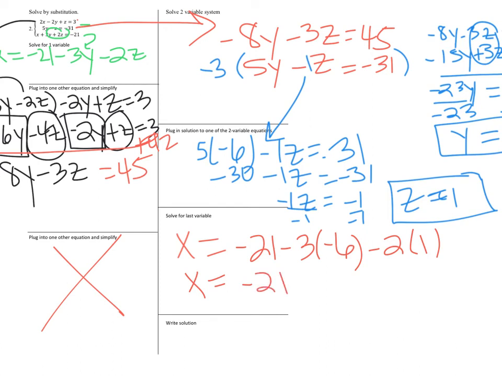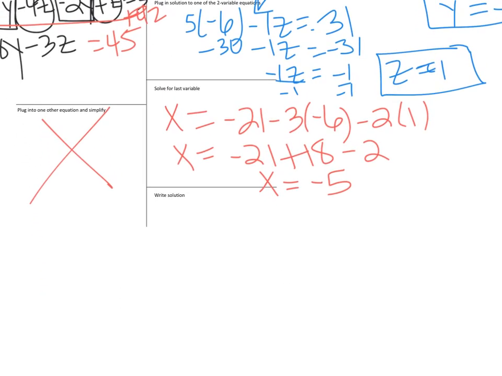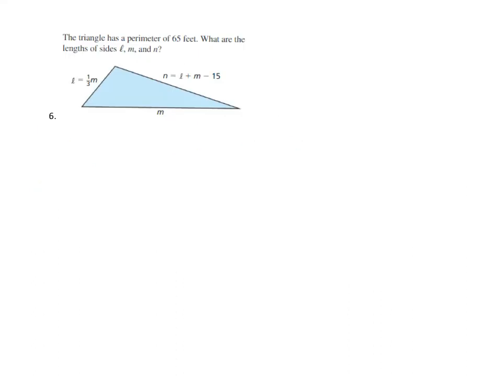Negative 21 plus 18 minus 2. So x is going to be negative 5. Yay, I got all of them. So my final solution should look like so. Negative 5, comma, negative 6, comma, 1. The end.